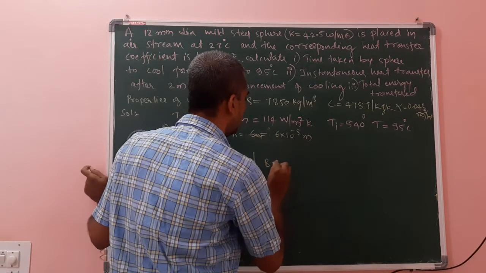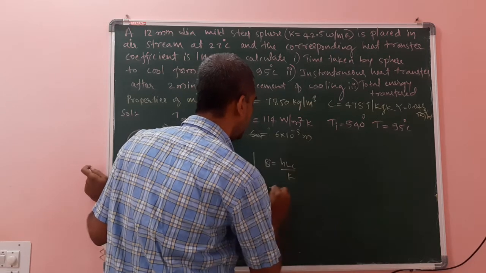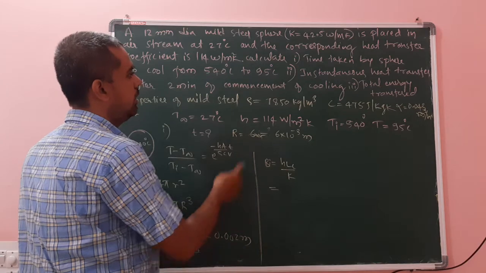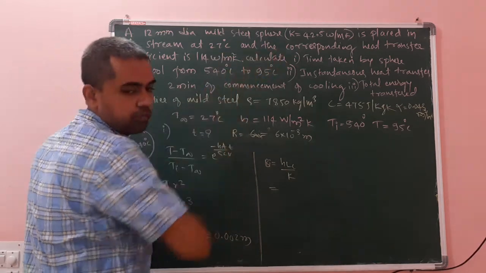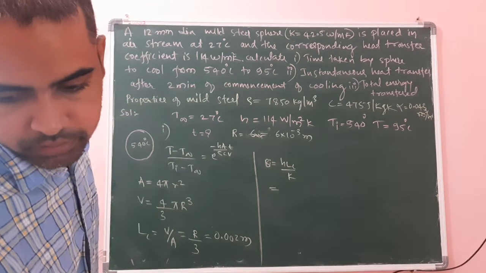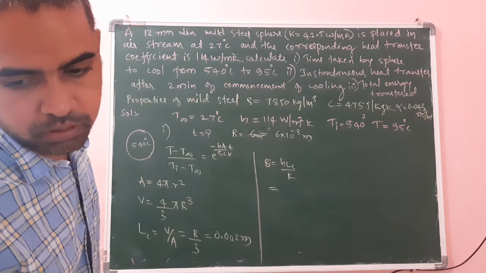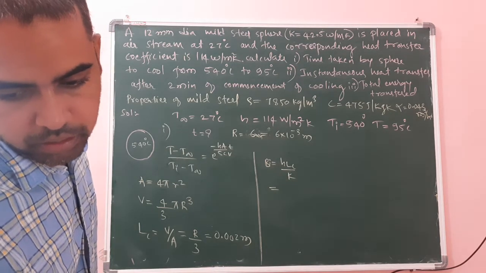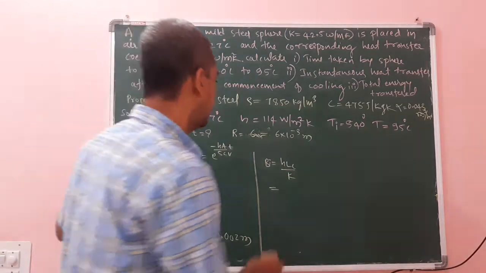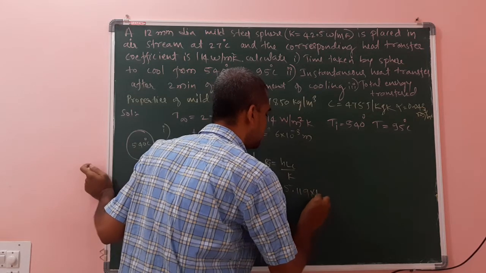Now we will calculate the Biot number. Biot number, Bi, is equal to h Lc divided by k. You know all values. h you know, Lc is 0.002, divided by k, which is given as 42. If you substitute, you will get the Biot number as 5.119 into 10 raised to minus 3.